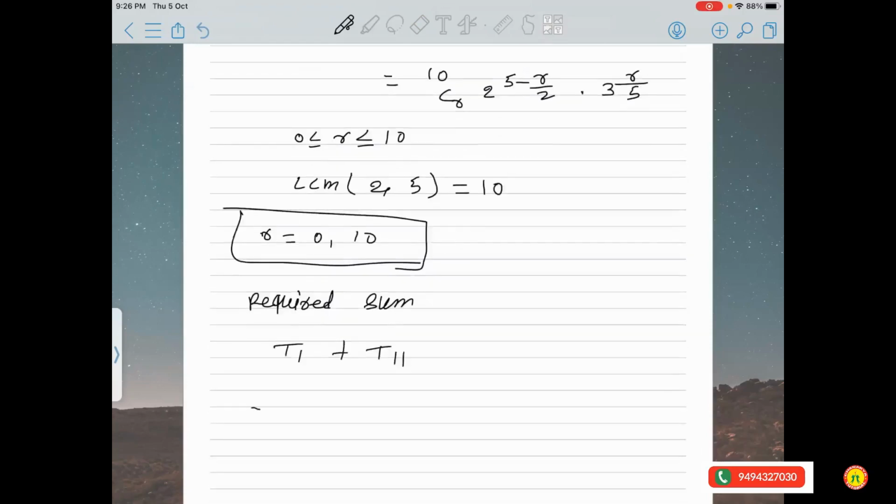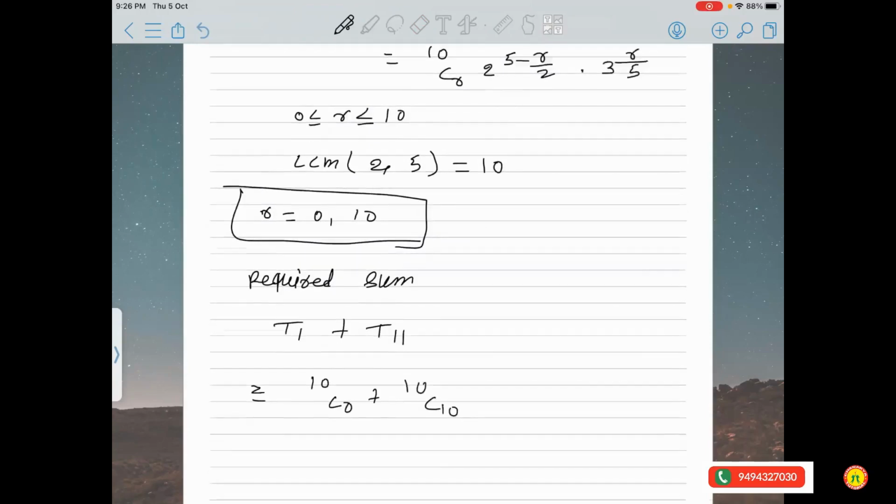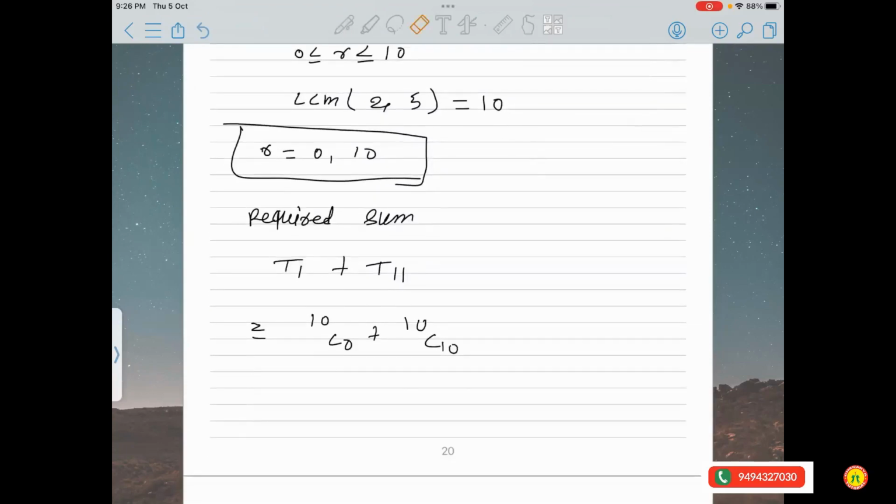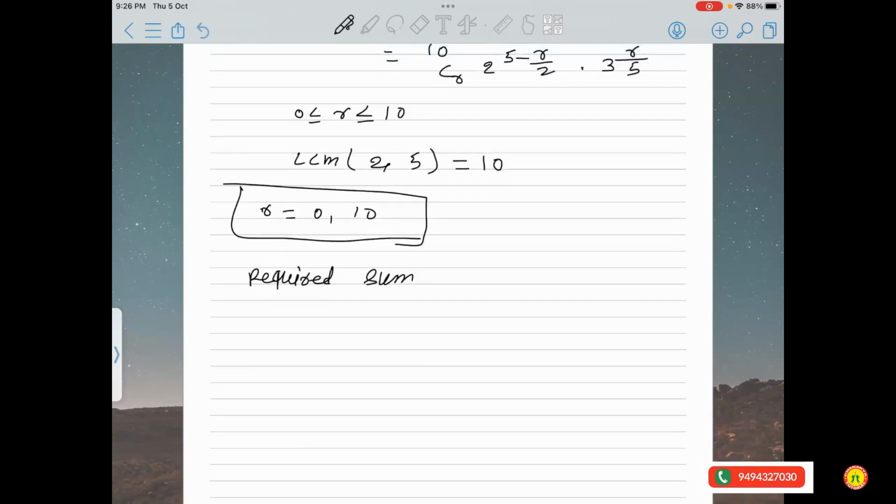This is the answer. So T1 is equal to 10C0 plus 10C10, which terms give rational numbers.